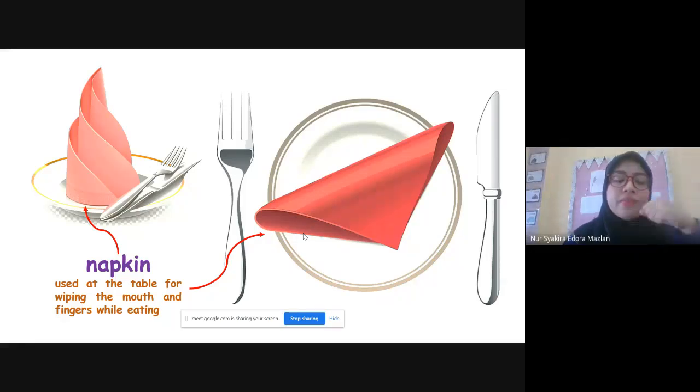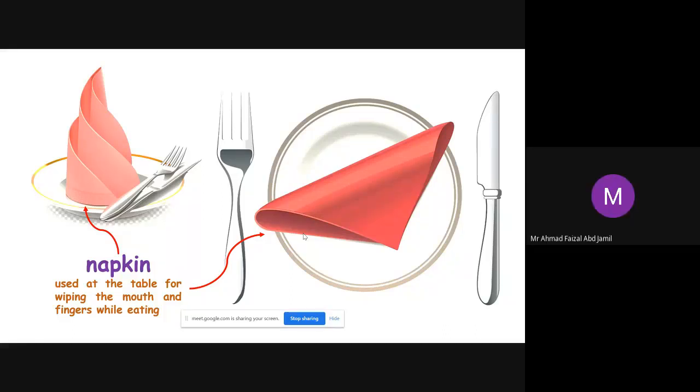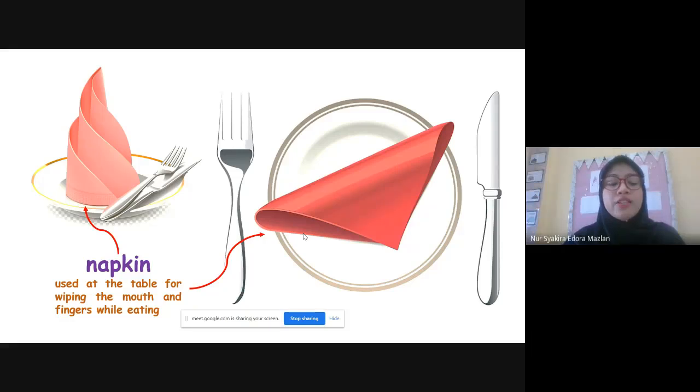Sometimes people simply put it just like that, underneath the plate. But sometimes people will fold it nicely. At the hotel, people will do like that. Some of the houses, you might do like that as well. So again, napkin is used at the table for wiping the mouth and fingers while eating.